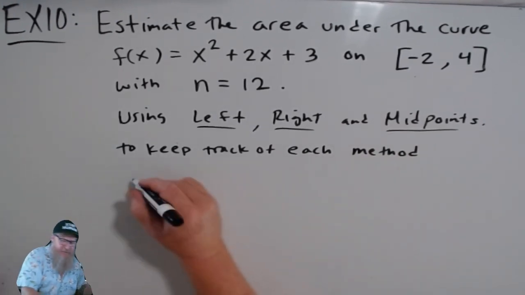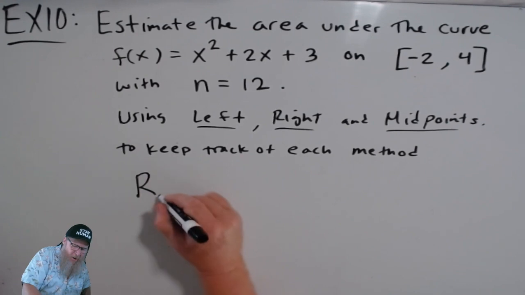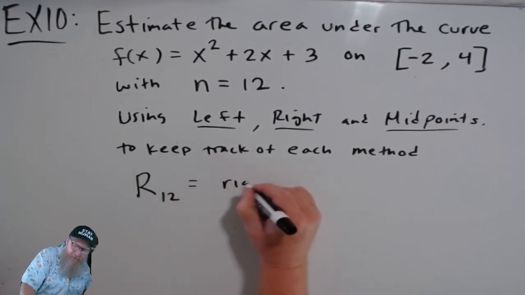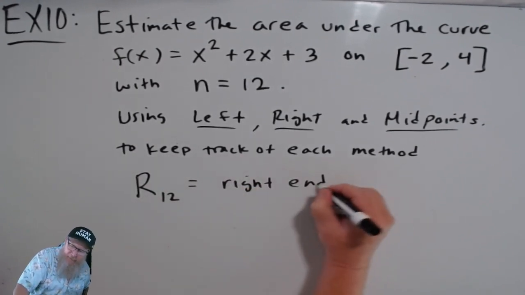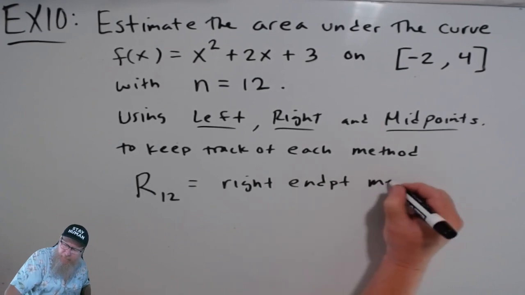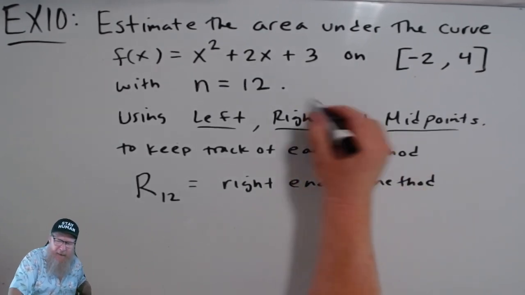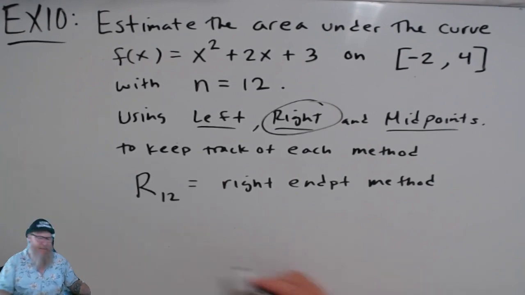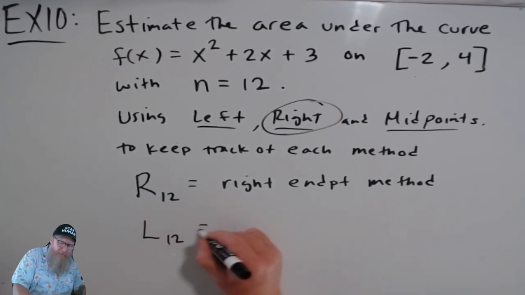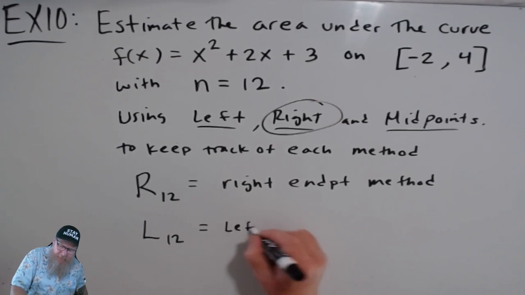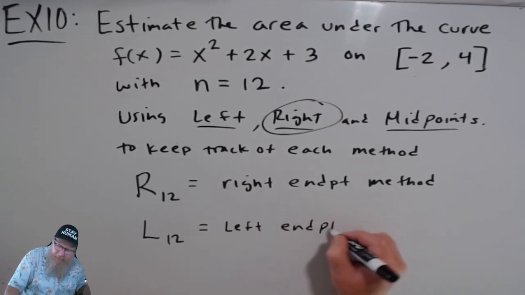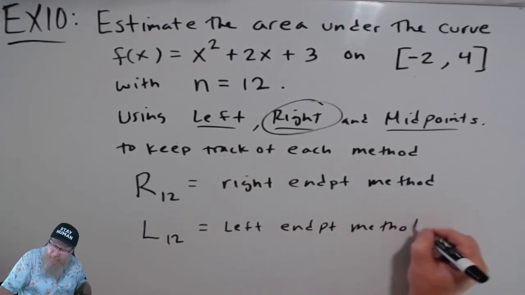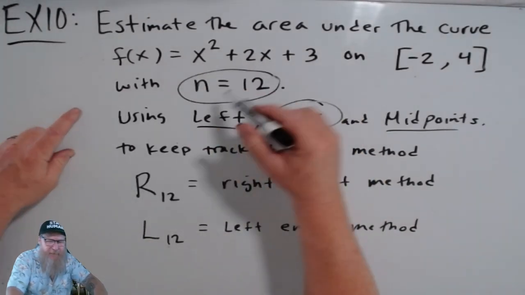we use different symbols. We'll say R12 is the right endpoint method. I'm going to do that one first. That's my favorite. L12 is the left endpoint method. Why 12?